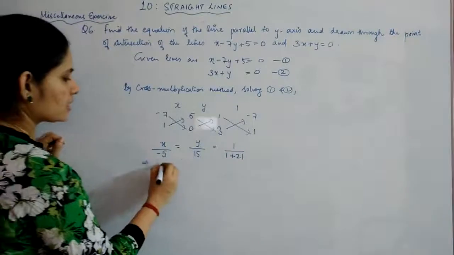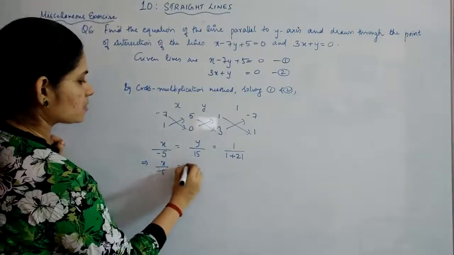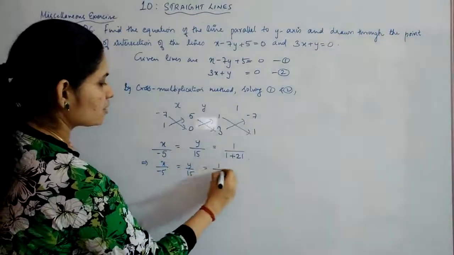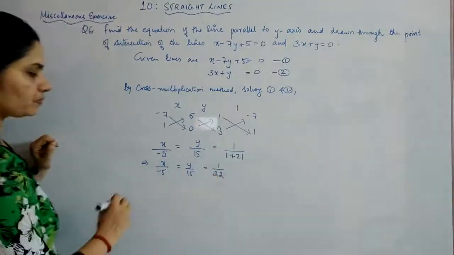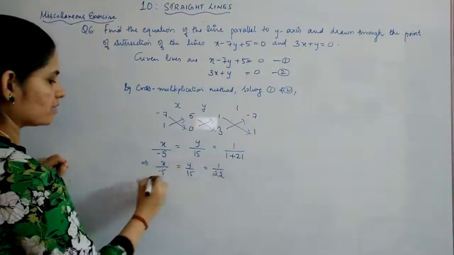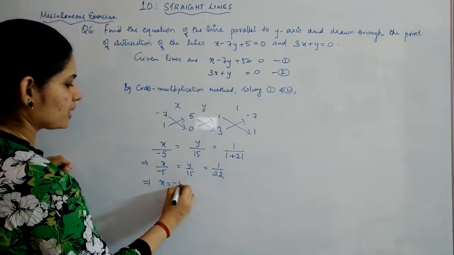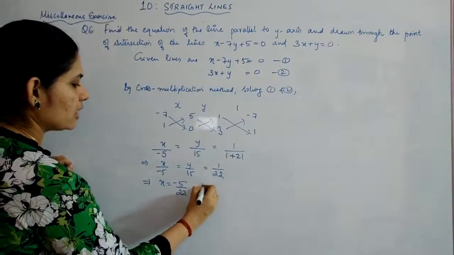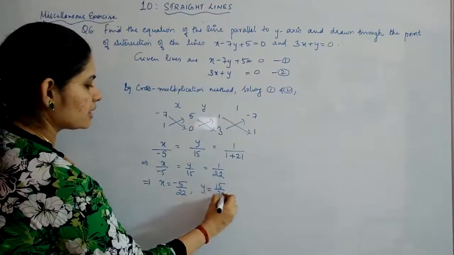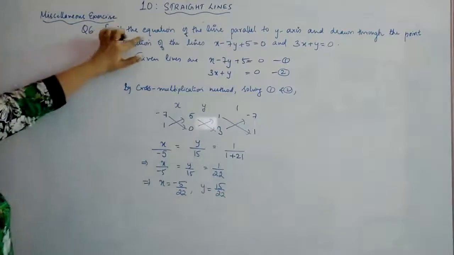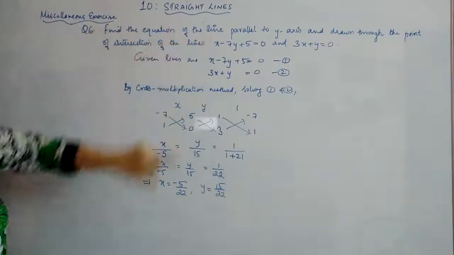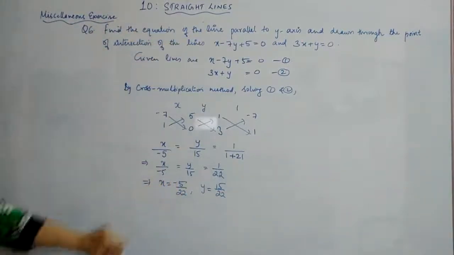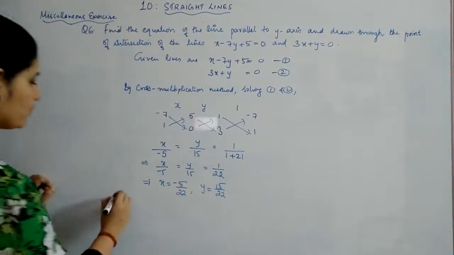So you are getting x by minus 5 is equal to y by 15 is equal to 1 by 22. Comparing these, you will get x is equal to minus 5 by 22 and y is equal to 15 by 22. Now since the line is parallel to the y-axis, you will get the answer to be x is equal to minus 5 by 22.